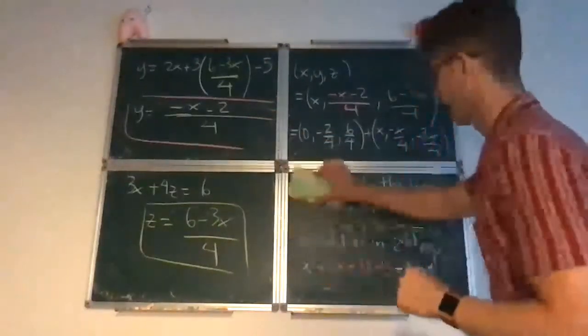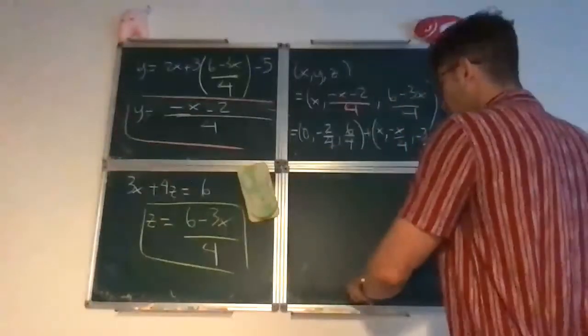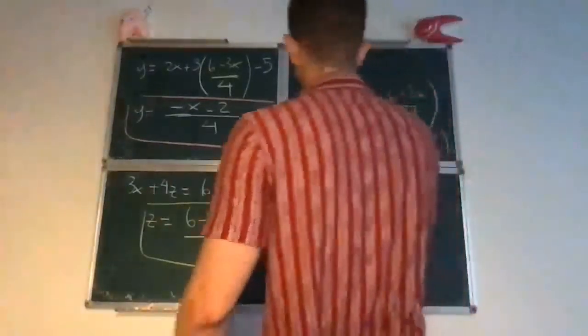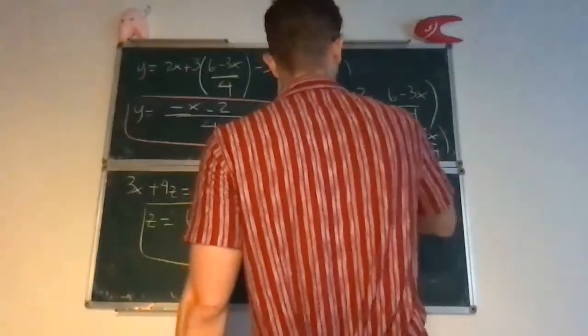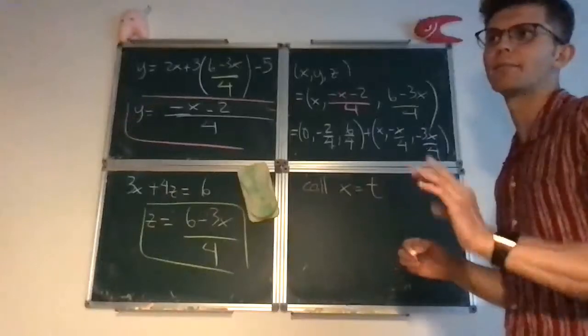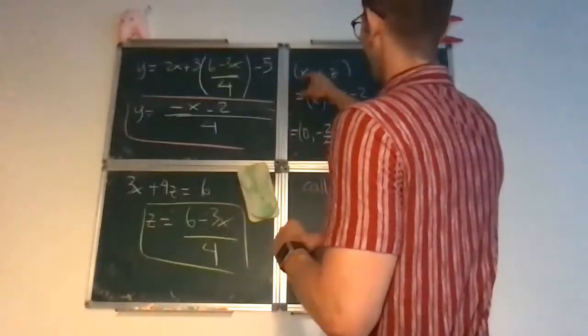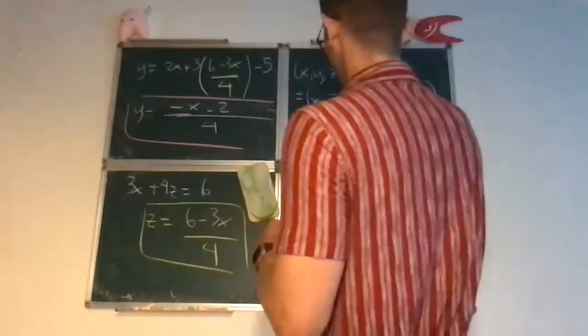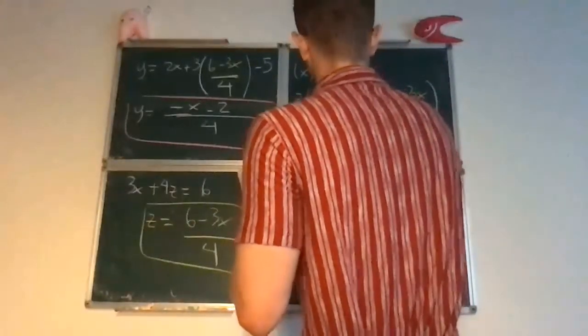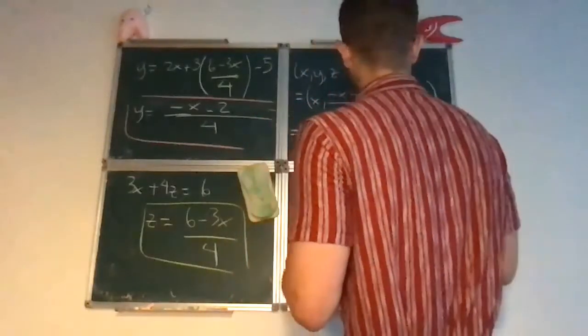And now the idea is to call x t, just for psychological purposes, because that makes it look more like the usual equation of a line. And so you find that every point x, y, z has the form (0, minus 2/4, 6/4) plus x times a vector.